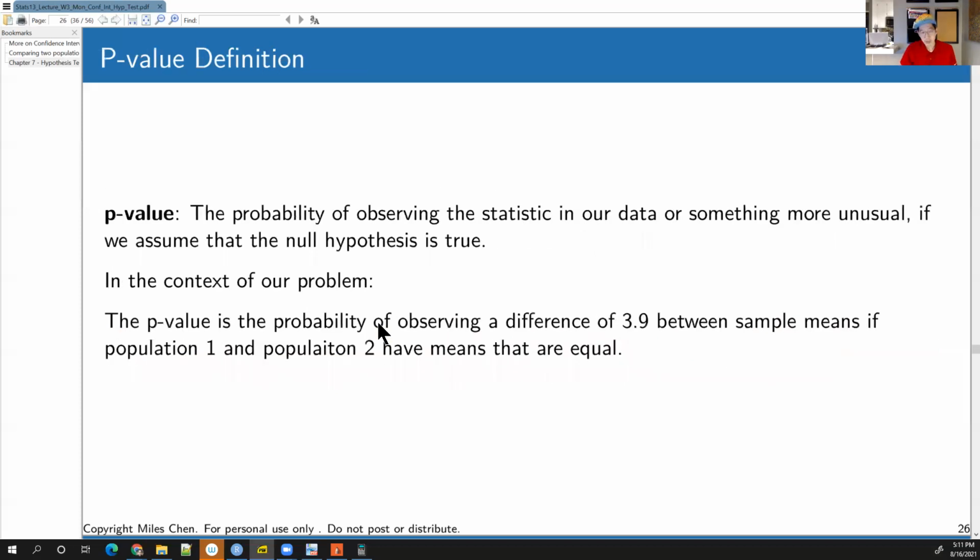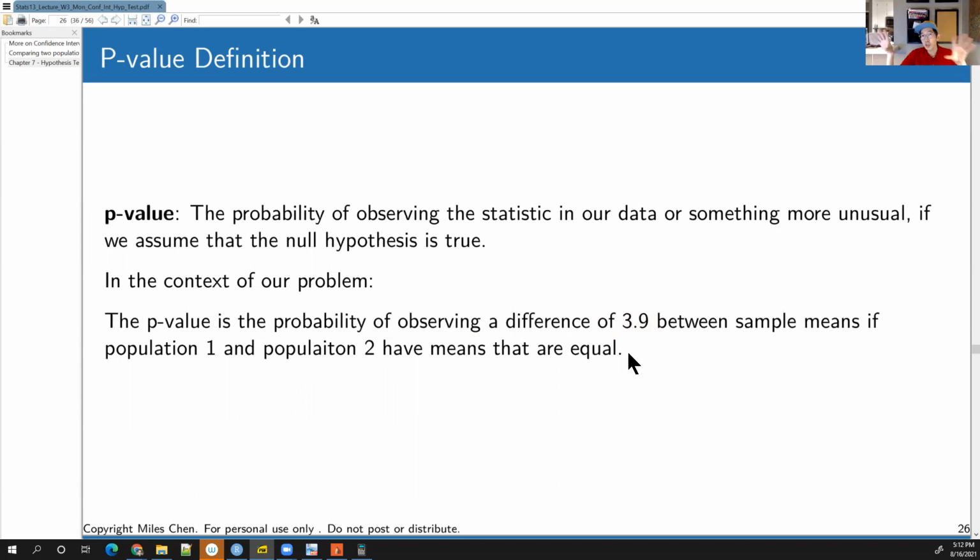So the p-value has this definition: it's the probability of observing the statistic in our data or something more unusual if we assume that the null hypothesis is true. In the context of our problem, where sample 1 had mean 28.2 and sample 2 had mean 24.3, the p-value is the probability of getting this difference of 3.9, because that's the difference I observed in my samples, if the null hypothesis were true, if population 1 and population 2 have equal means.